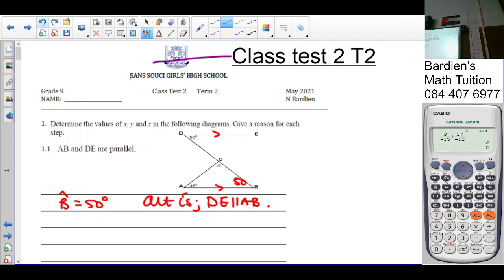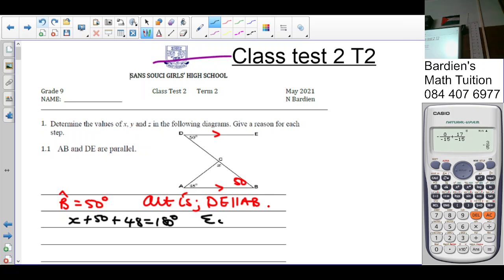We say corresponding, alternate or co-interior, you must say which sides of the parallel lines. We'll look over that. Now what can we do? We can go with sum of triangles now. So we say x plus 50 plus 48 equals 180.